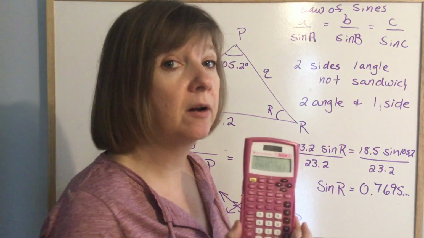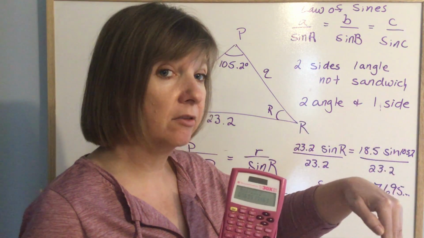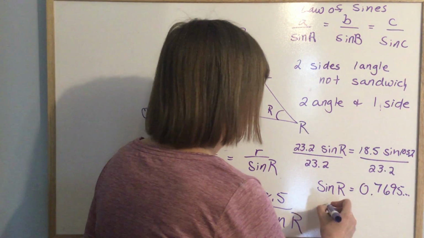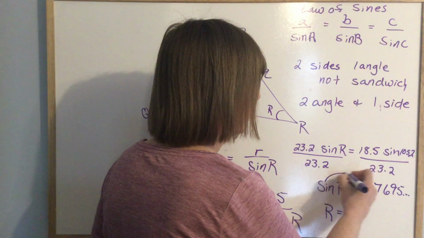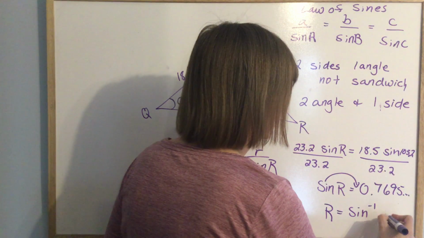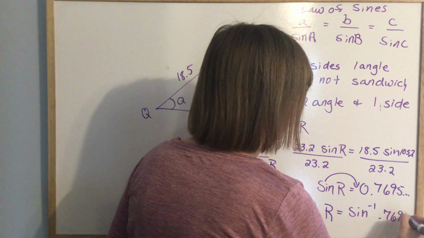Now I'm going to leave it on my calculator. I have that answer up on my calculator. I'm not going to clear it, okay? So now I want to figure out what angle R is. So I'm going to move sine over here, and I'm going to have arc sine of 0.7695.